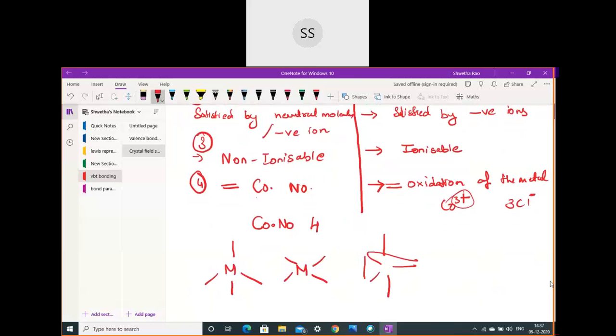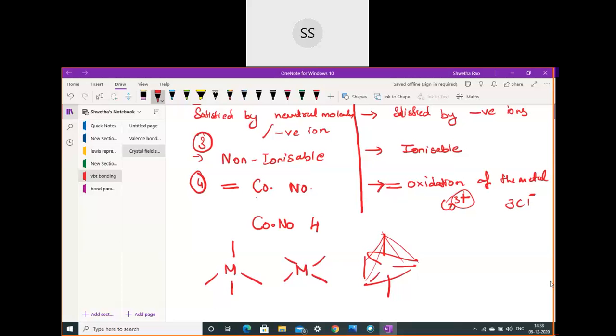For example, if the coordination number is 5 or 6, we can have different spatial arrangements. Suppose the coordination number is 4, then we can have this type of arrangement, metal attached in this way, or one more attachment is possible in this way. So it can be either tetrahedral or square planar. If the coordination number is 5, then 3 will be on the plane, 1 up and 1 below.